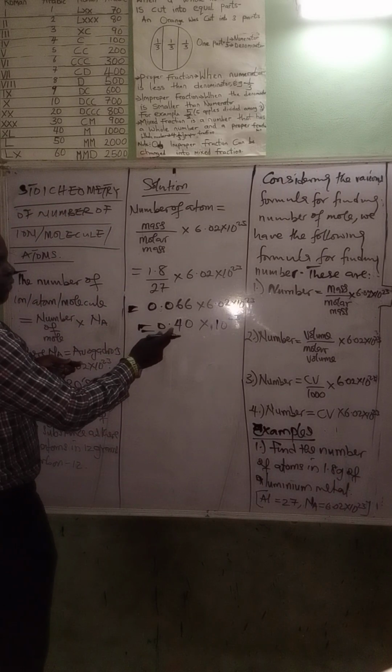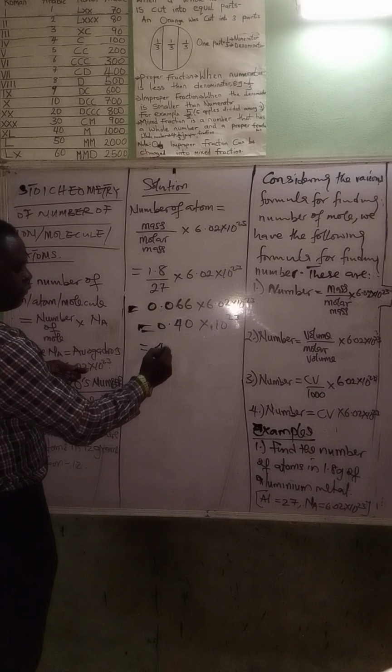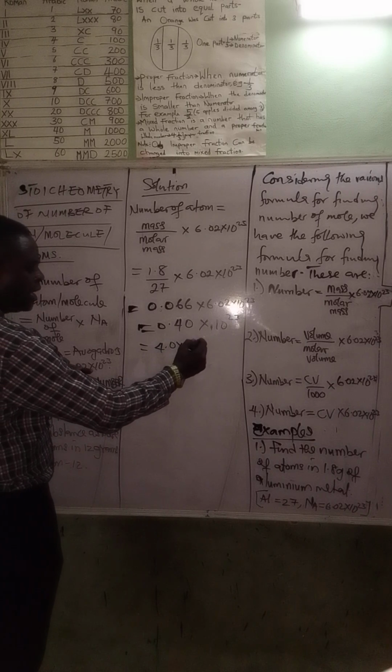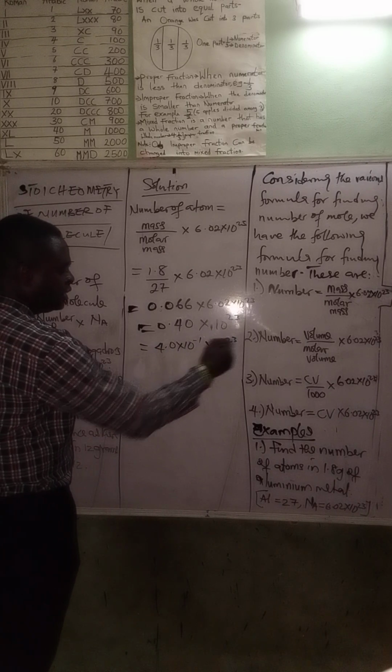Now, we can convert this to standard form. Move the point to this place, you have 4.0 times 10 to the power minus 1, since you have moved 1, then times 10 to the power 23.